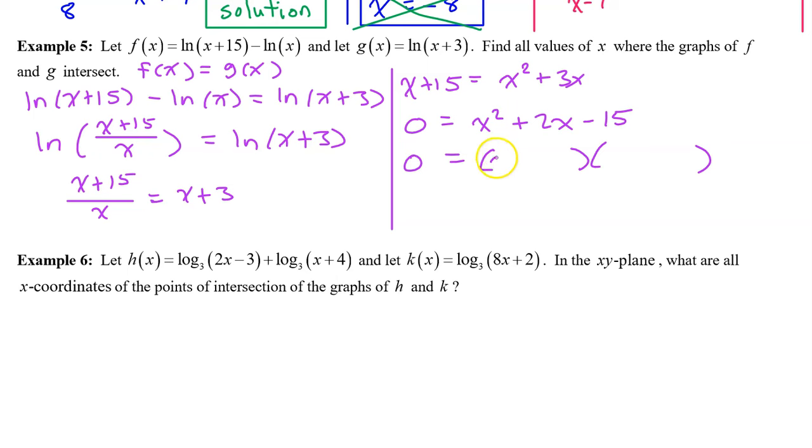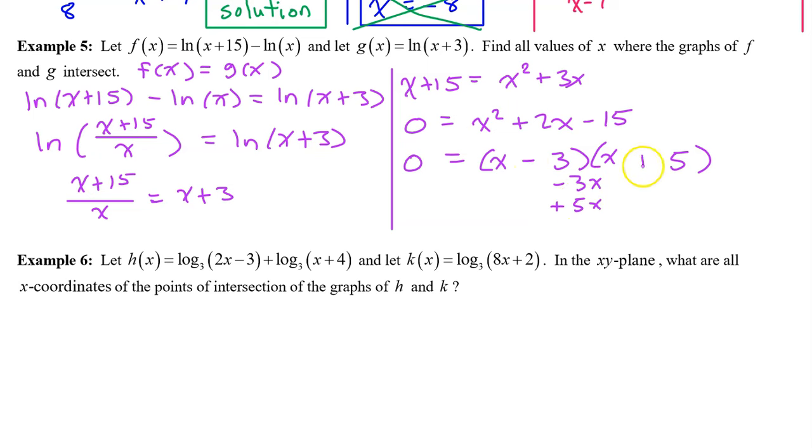X squared will only factor as x times x. 15 will factor as 3 times 5, and 15 times 1. Inner plus outer must equal the middle. Inner, we have 3x. Outer, we have 5x. To get a middle of positive 2x, we need a negative 3x and a positive 5x.